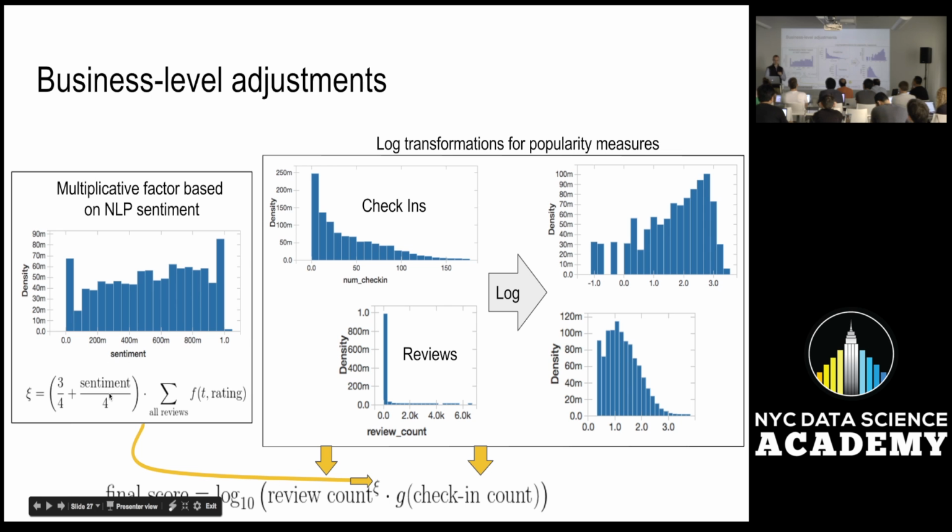Using Sean's NLP sentiment score for each business, we multiplied some amount to the time-weighted reviews, so on the review level, and then we averaged that for each business and plugged it into this final score formula. So it's a combination of sentiment, time weighting, and also popularity.